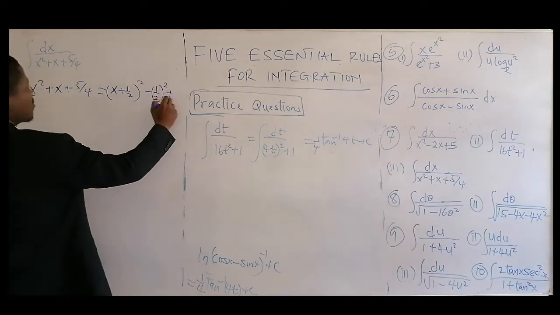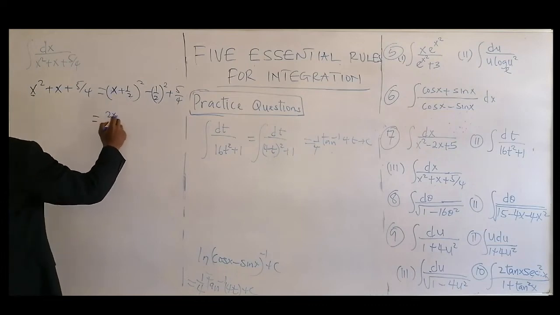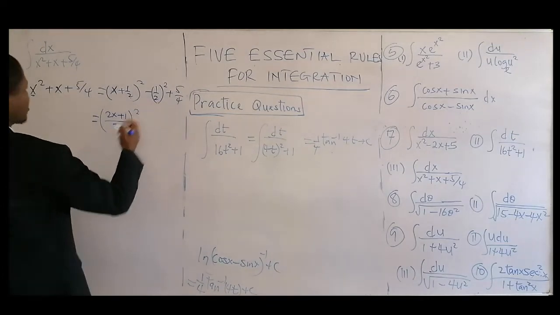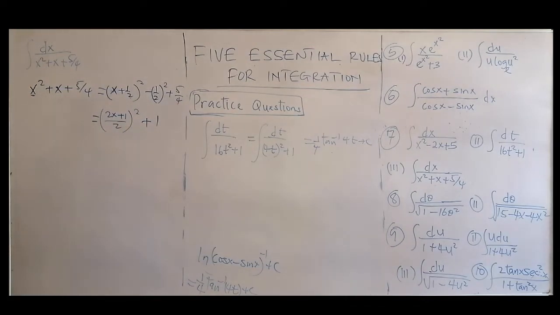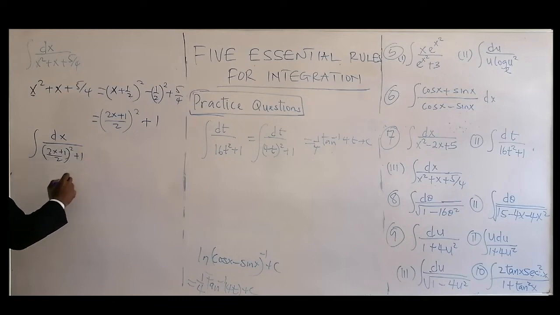Okay, then what do you have here? 5 over 4 plus 5 over 4. So this is equal to this one times this one, that's 2x plus 1 over 2 all squared, followed by plus 1. So we can come back here, that'll be the integral of dx over (2x plus 1 over 2) all squared plus 1.